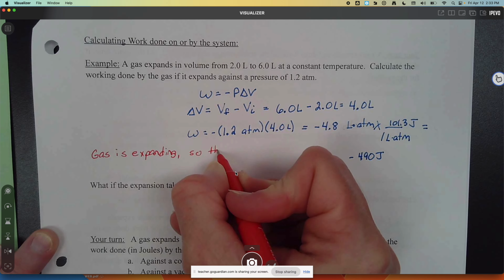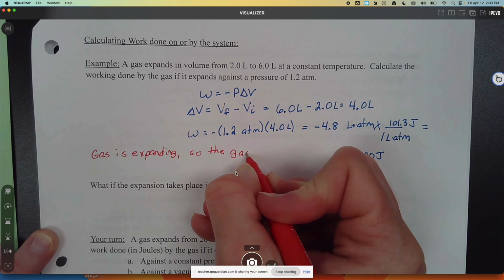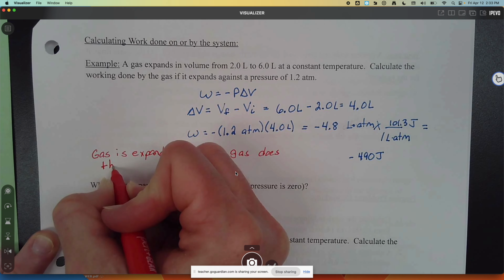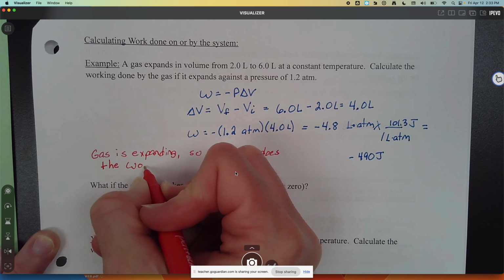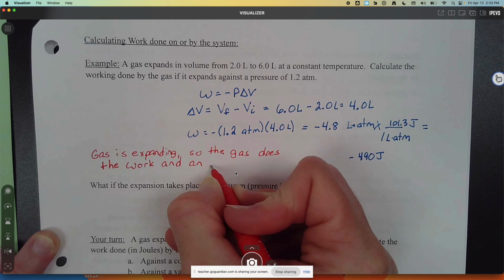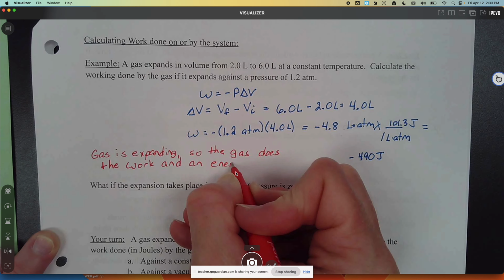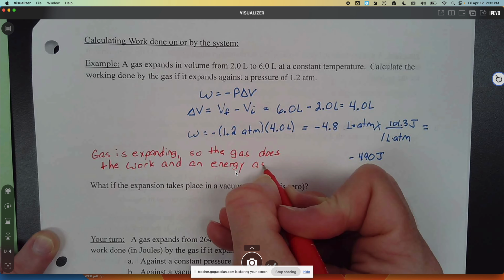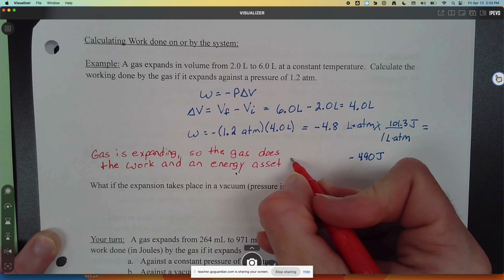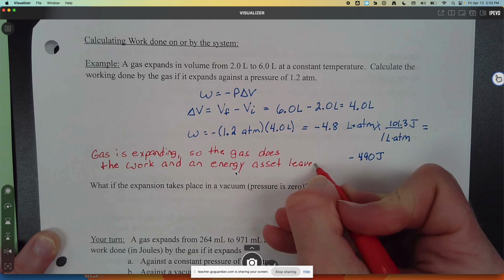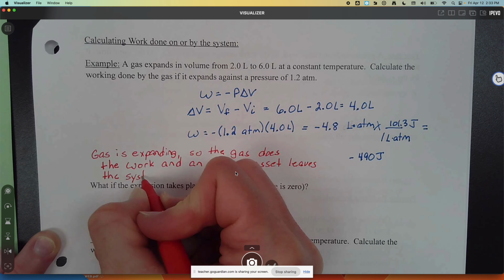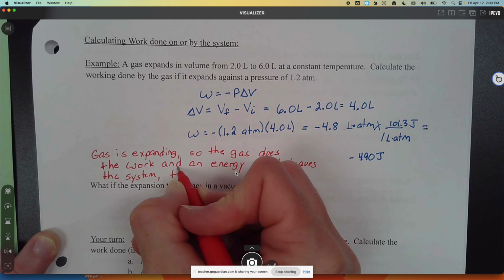So the gas does the work and an energy asset, that energy asset being working, leaves the system, thus working is negative.